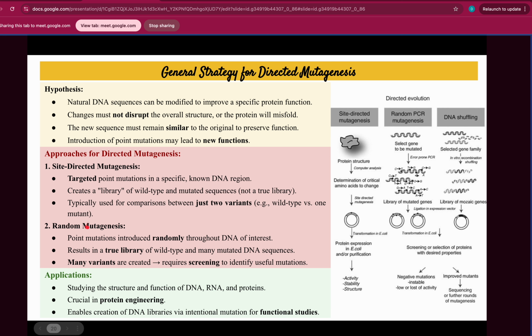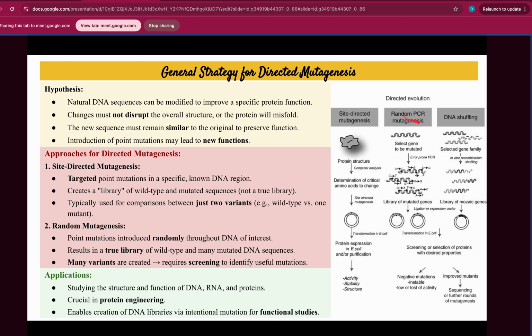Now the second approach is random mutagenesis. That means instead of targeting one particular site, you are randomly mutating different sites, and then you are checking how those mutations are bringing about change in the protein function. Random mutagenesis is done when you do not have much information about which sites should be modified, or when you want to explore different mutational effects.